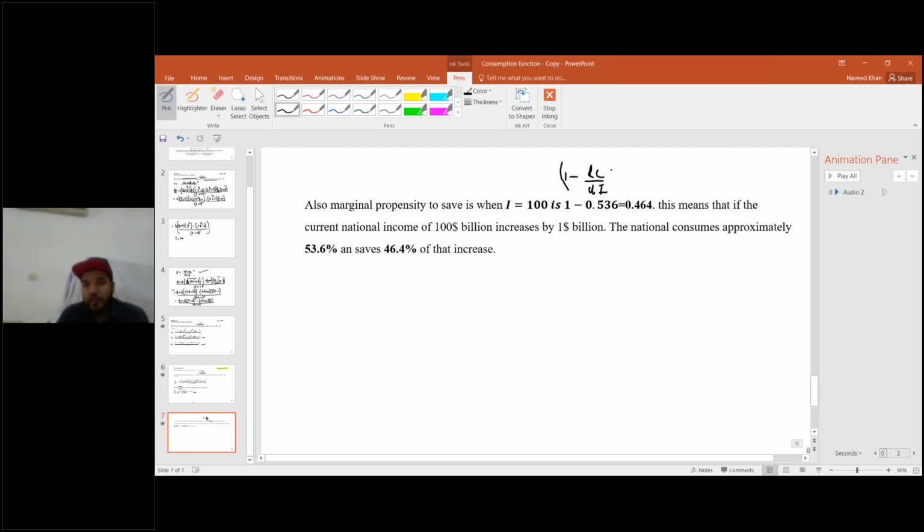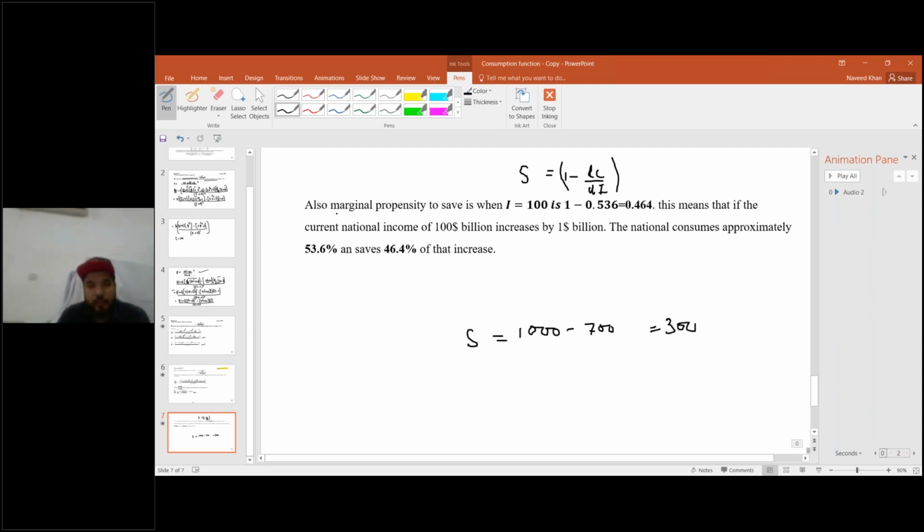This is the formula when we find saving. So what is saving? Saving means, let's suppose my income is 1000 riyal and my consumption is 700 riyal. Definitely saving will become 300 riyal.